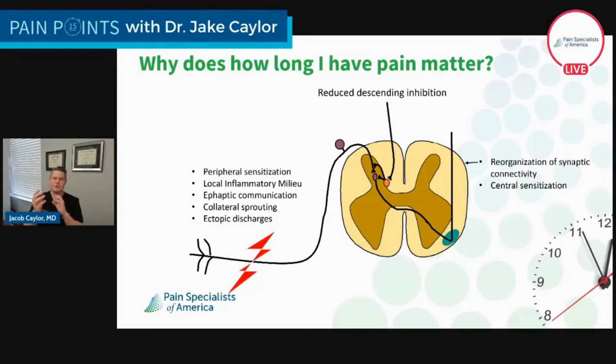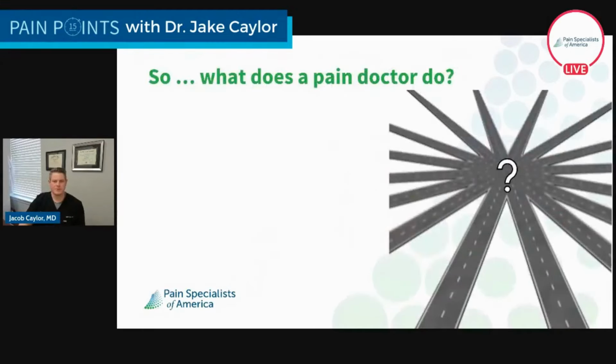It causes issues over time in the spinal cord. And it actually causes all of this synaptic reorganization in our brain and spinal cord that will lead to chronic pain. Now, some people develop chronic pain and some people don't. We'll get to that down the road in a few series. So what does a pain doctor do?